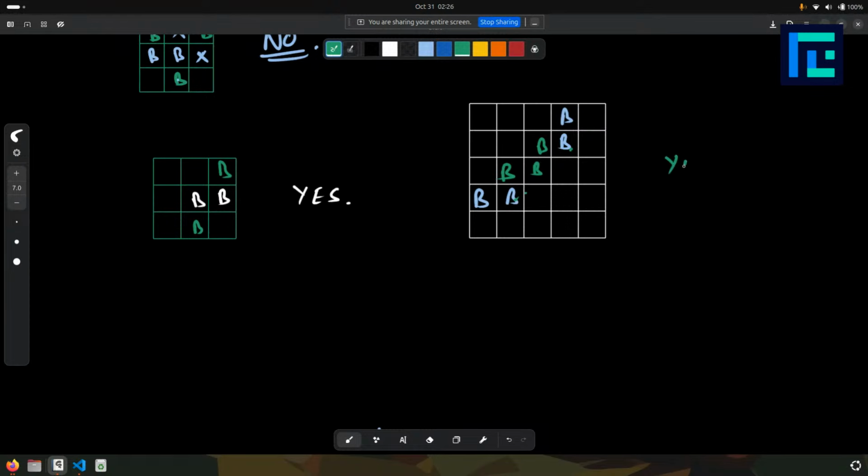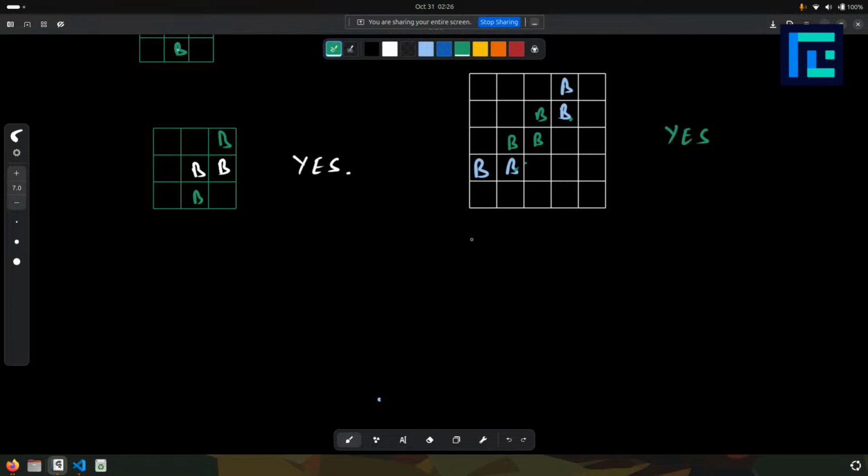So the answer for this test case is yes. Or what we could have done instead of this. Okay. There is only one way to color these. You can only follow this path. So basically the answer for this test case is also yes.